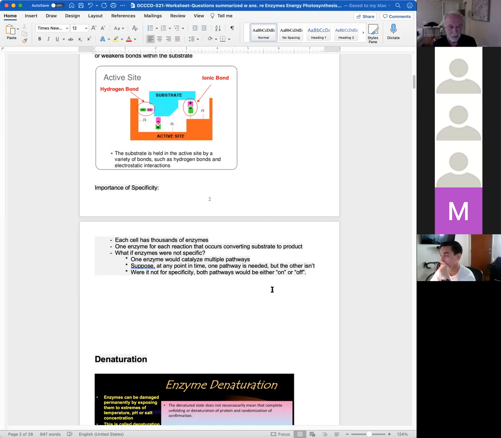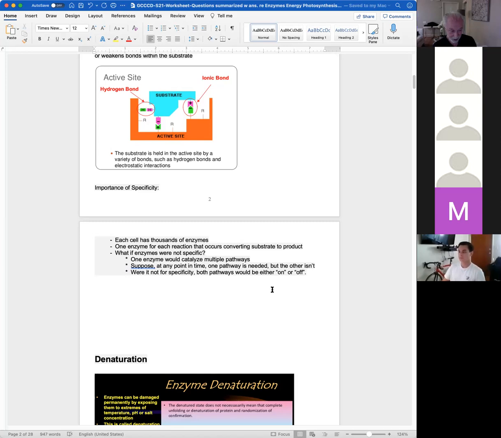So we have potentially thousands of enzyme reactions going on at any point in time, and yet we know that many of the enzymes are off at any point in time. And so how is this controlled? If you could take an extreme case and say, what if we had an enzyme that catalyzed all reactions? So instead of one enzyme for each reaction, supposing one enzyme converted all substrates to products. Well, that would be a mess.